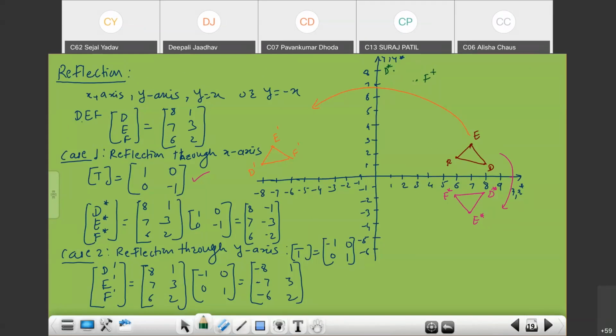And F is 2, 6. It is here, F plus. Join this. So what is it? It is the reflection about the line y is equal to x.